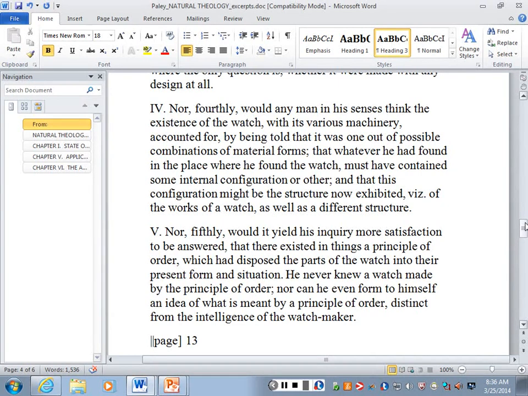He says, were there no example in... let me back up and read the sentence on top.